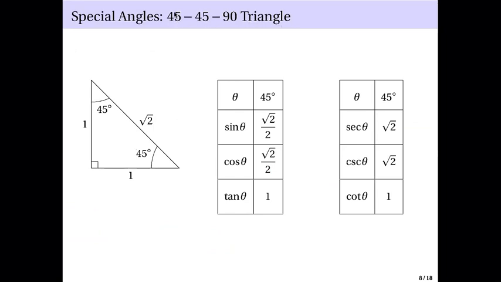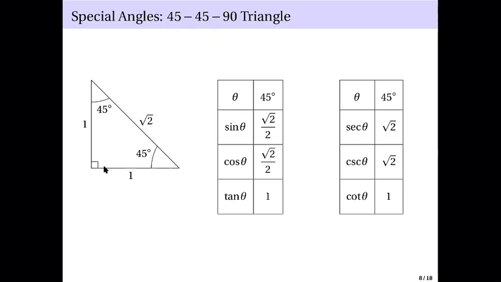By this we mean one of the angles is 45 and another angle is also 45. So two angles are 45, and of course, since we are talking about a right triangle, the other angle will be 90 degrees. So 45, 45, 90.